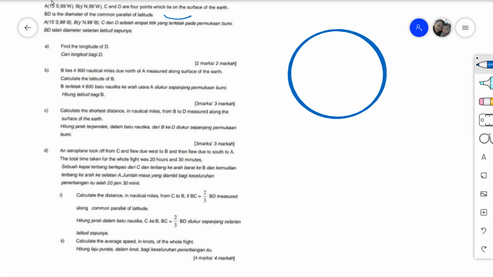So look at this. Normally, when I label this, I will label the 99 west on the left-hand side of the circle. Now, after we have drawn a big circle, try to draw as big a circle as you can, at least maybe pick up 1/3 of your paper.